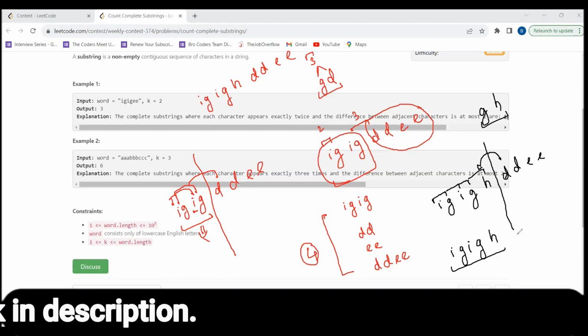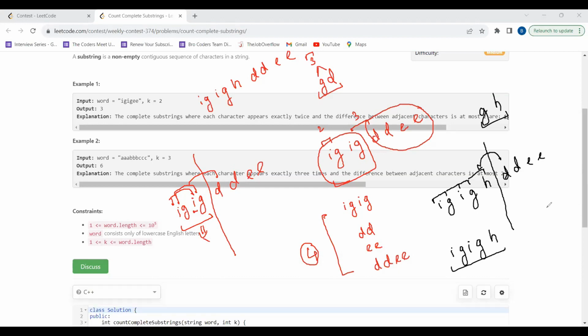Okay, let's talk in general terms. It is given that all the characters of the string are lowercase English letters. So how many unique characters can we have? 26.